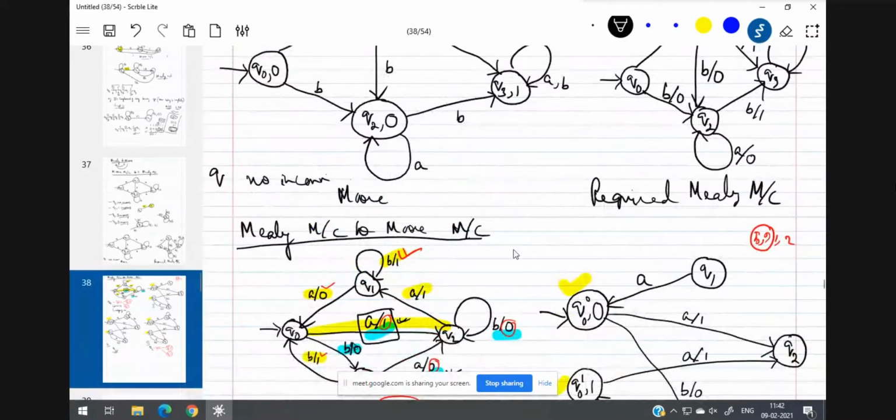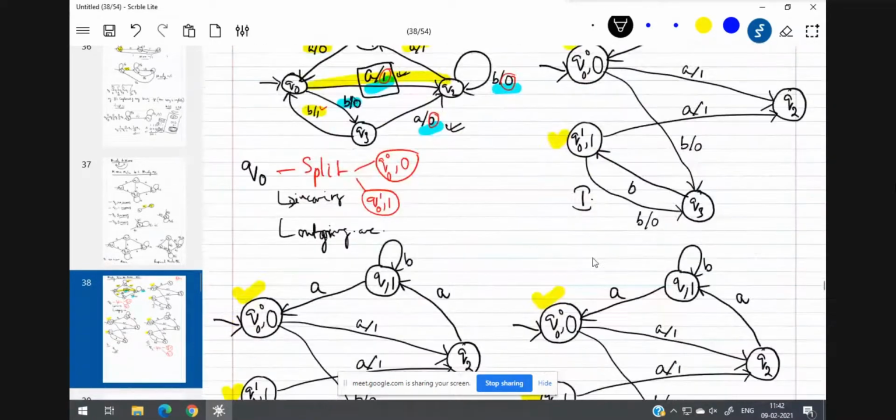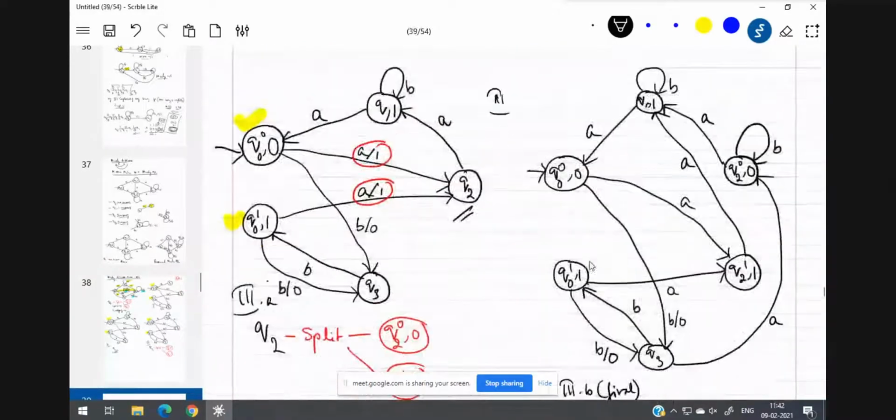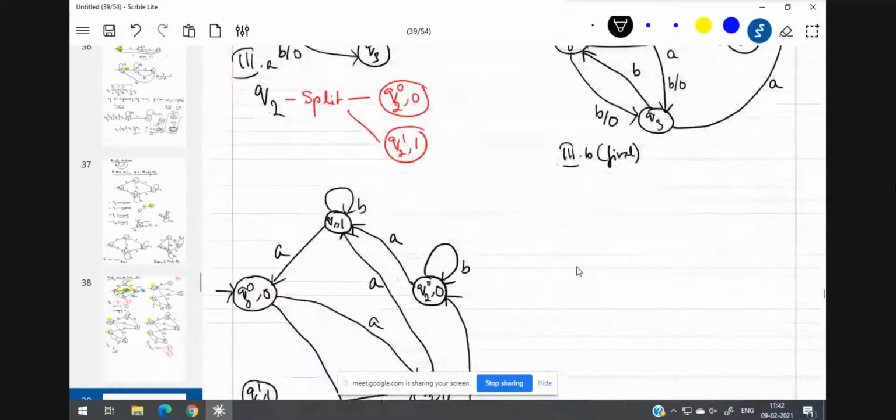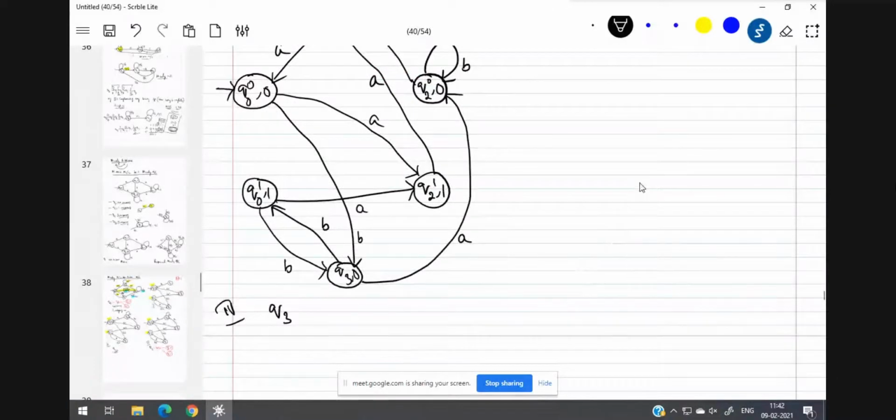It might seem lengthy, but once you understand, it's not that lengthy. Let me just summarize a bit. Don't get confused by whatever I've just done till now. This is Q0, this is Q1, A was there.